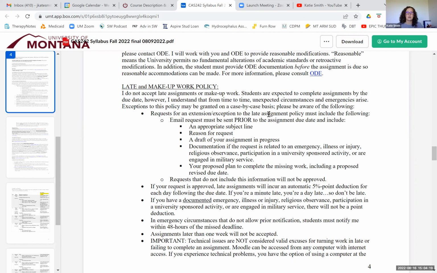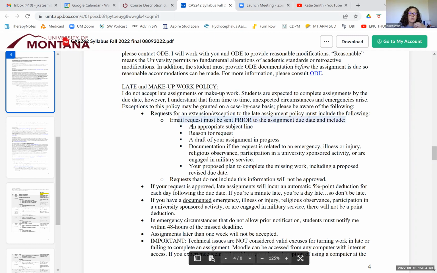What you need to do is be proactive and, ahead of time, send me an email that says, Katie, this is what's going on. If you send me an email to request an exception to this policy or an extension, you need to send the email request prior to the assignment due date.